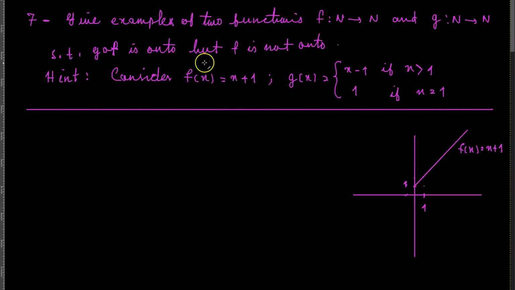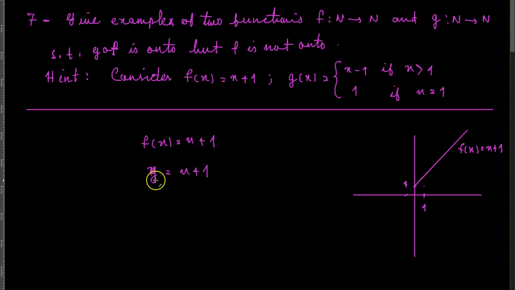Meaning that if f of x is equal to x plus 1, and I write this as y is equal to x plus 1, we don't have any problems here because the set of natural numbers actually starts with a 1, so all of the values here are not a problem. Before 1 all the way up to 0, that's not a problem.